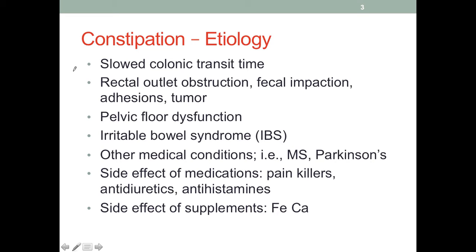It could also be a rectal outlet obstruction caused by either fecal matter staying in place, or adhesions, or even a tumor. If there was a colorectal cancer blocking the lumen, then the passage of the feces would be consistently delayed or even blocked.